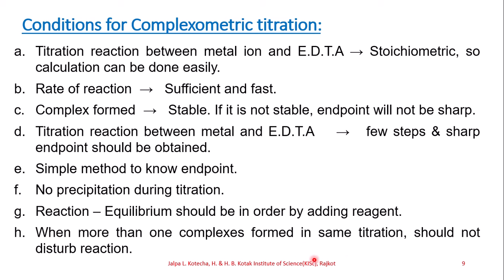Hence we get the total volume of the mixture, that is both the ions. So it is required that any one of the ions does not react with EDTA. If it reacts, it disturbs the reaction. So some method is to be employed so that one ion does not disturb the other ion for its determination. We will take this in detail in the types.